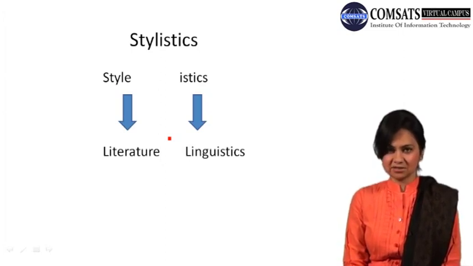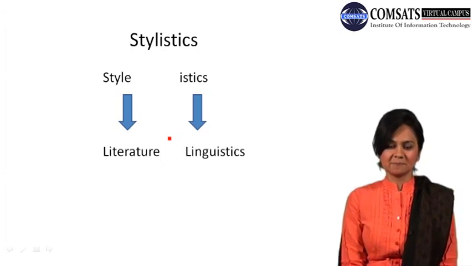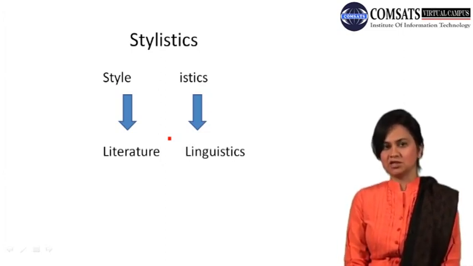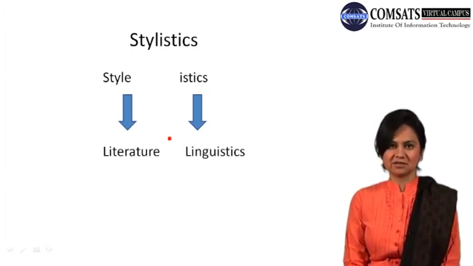So stylistics depends upon both literary criticism and linguistics for its interpretation of the texts, for the explanation of the text, and for the understanding of the text. So it means that it would draw help from the theories and developments taking place in linguistics.